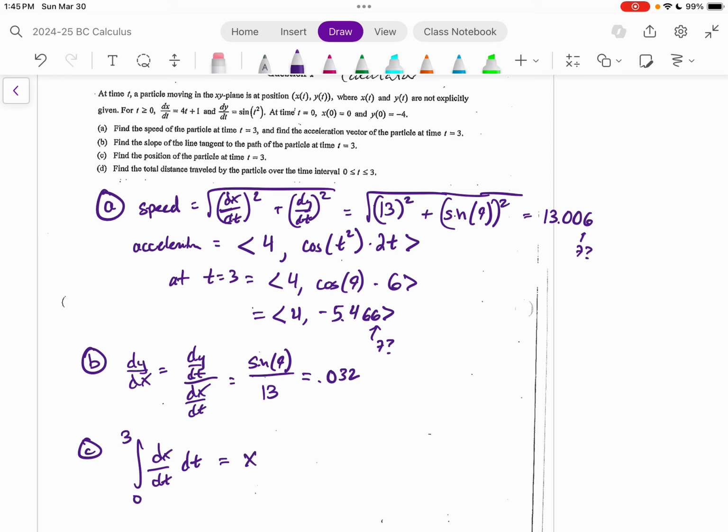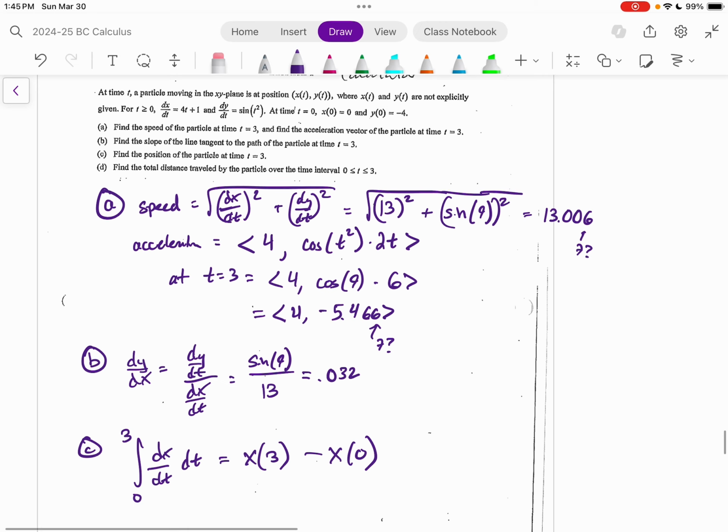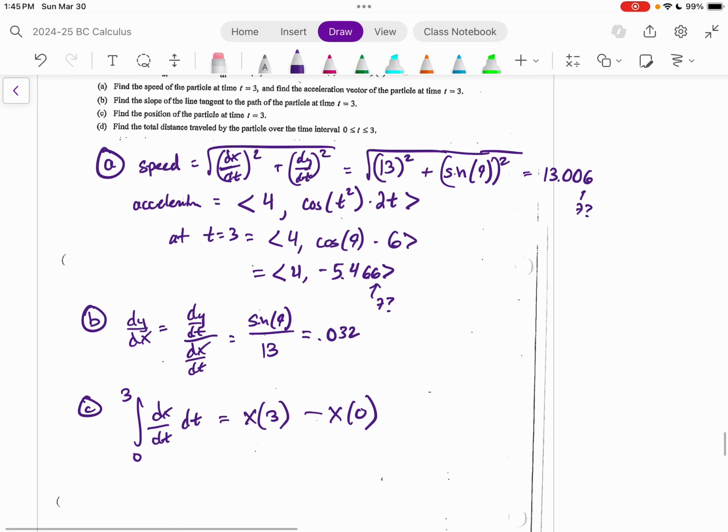So that would be equal to x of 3 minus x of 0, right? So we could solve for x of 3 this way by saying, okay, x of 3 is going to be equal to x of 0, if we add it to the other side, plus this integral here.